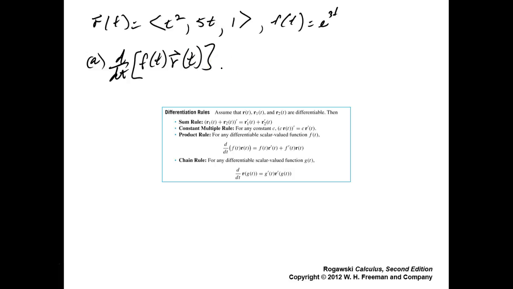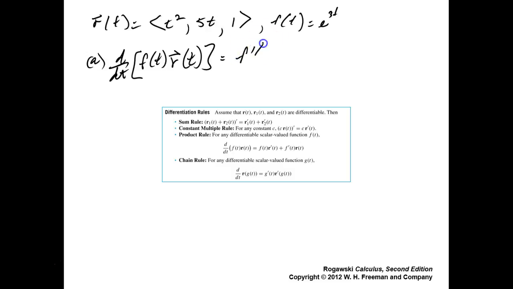Okay. Good old product rule. And what would that be? Either way you want to do it.